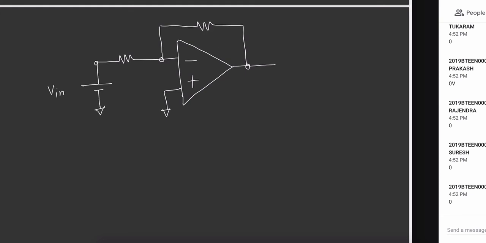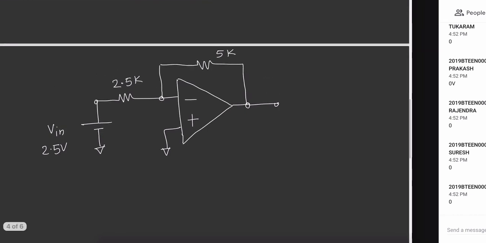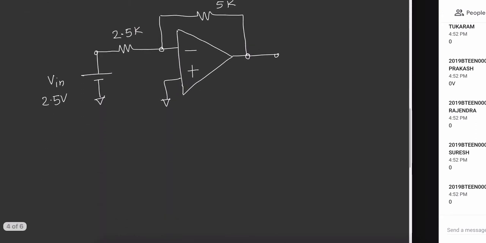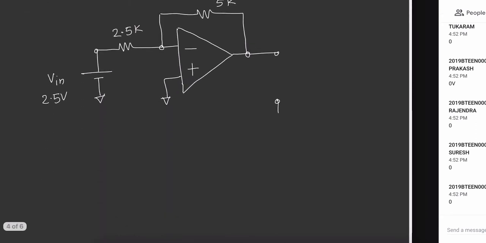V input 2.5 volts, then R1 2.5 K, R2 5K. Was it 5K? Yes. And V output with respect to ground is minus 5 volt. Right.